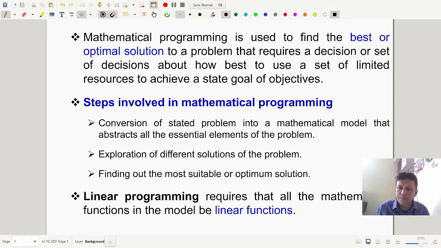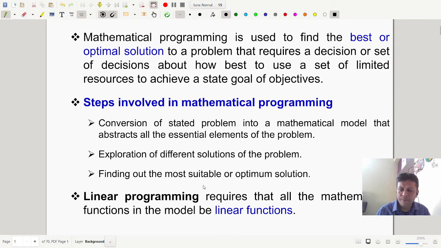And what are the steps involved in mathematical programming? Number one, conversion of stated problem into a mathematical model that abstracts all the essential elements of the problem. Number two, exploration of different solutions of the problem.